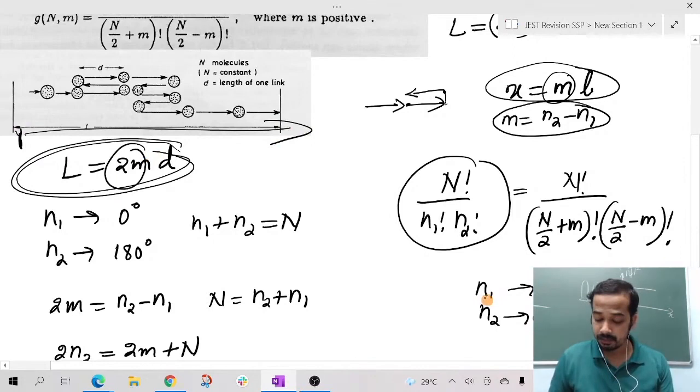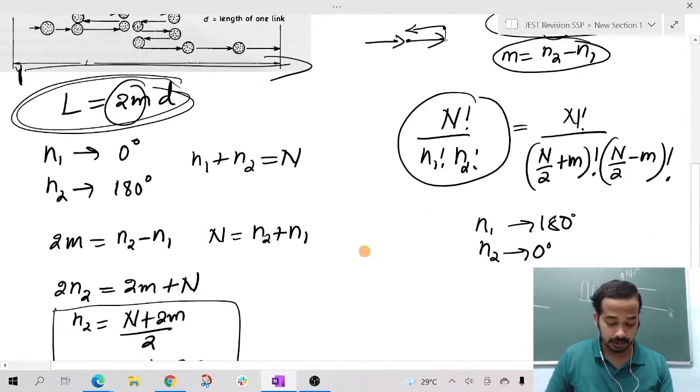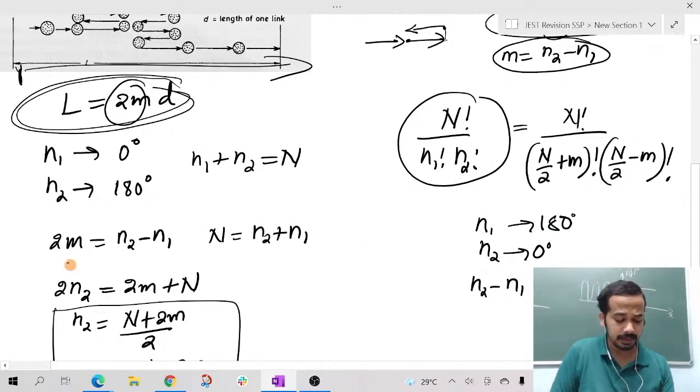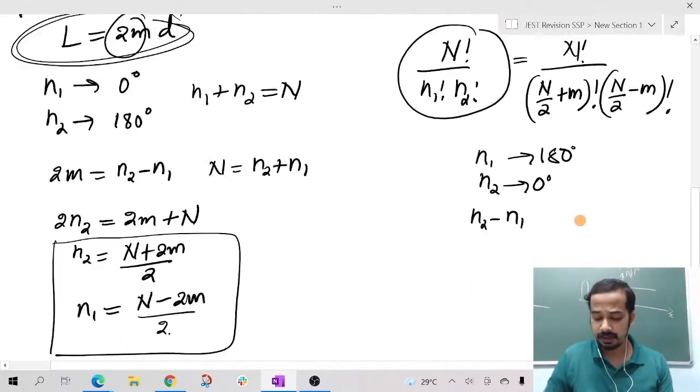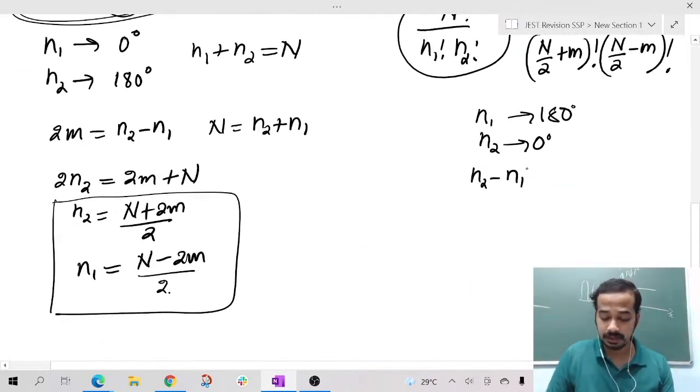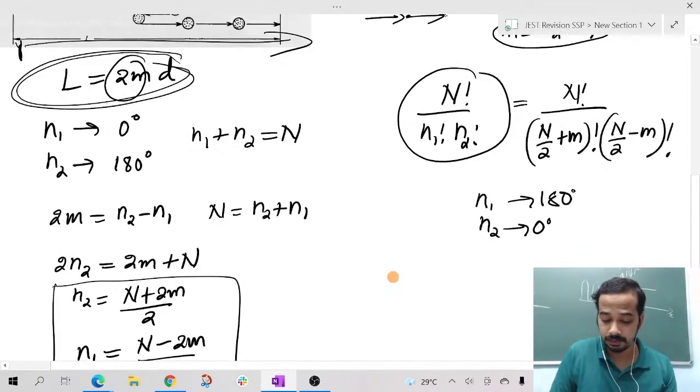That's why, if n1 links make 180 degree and n2 links make 0 degree, then also, look here, n2 minus n1 may be the negative of the earlier value, but the length will be the same. So there are again exactly similar numbers of possible ways. Can I write that number of possible ways as omega?